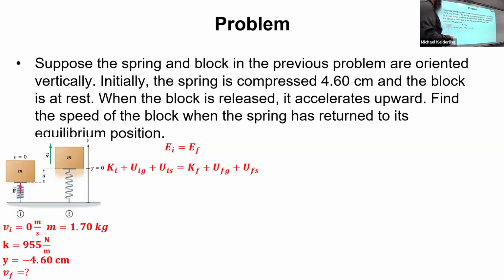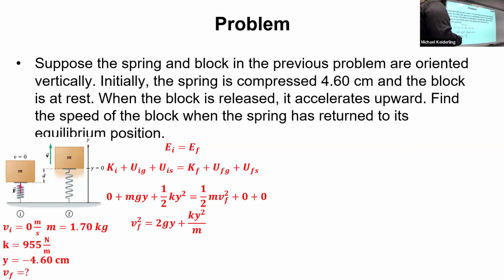That's kinetic energy initial plus gravitational potential energy initial plus spring potential energy initial equals kinetic energy final plus gravitational energy final plus spring energy final. So that's 0 plus mgy plus 1/2 ky squared equals 1/2 mv final squared plus 0 times 0.